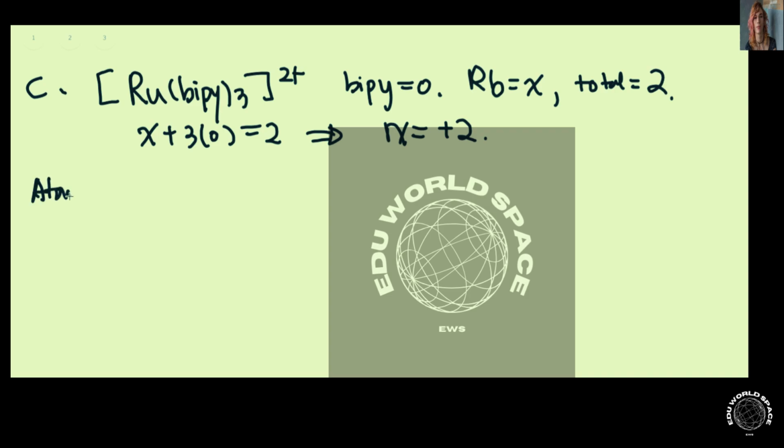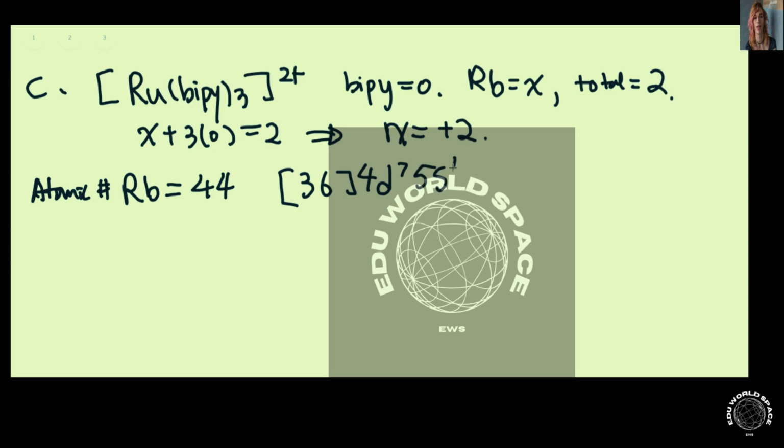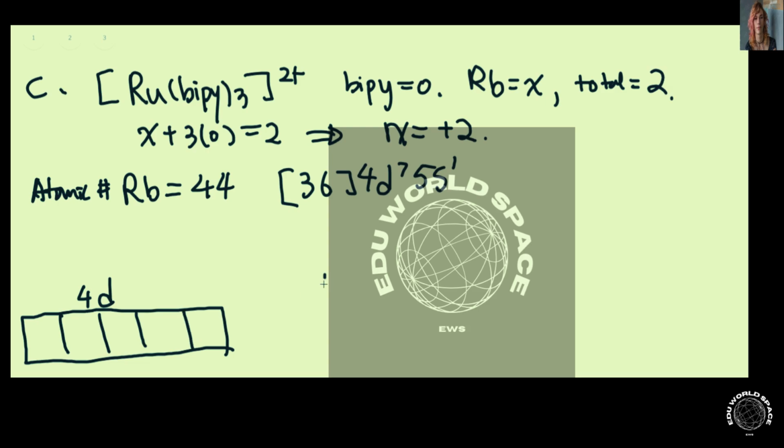Now we find the atomic number for rubidium equal to 44. So the electronic configuration for the rubidium will be [Kr] 4d7 5s1. All right, so if we draw the outermost electronic arrangement for d orbital, 1, 2, 3, 4, 5, 5s orbital right here, 5p orbital.